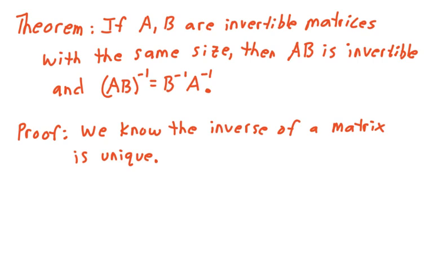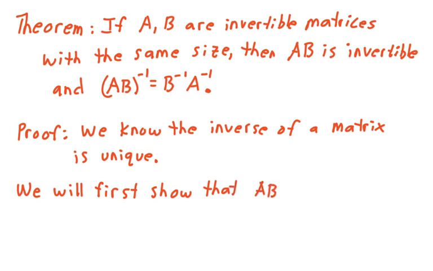So we will first show that if I take AB and multiply it by B inverse A inverse, I get I back.